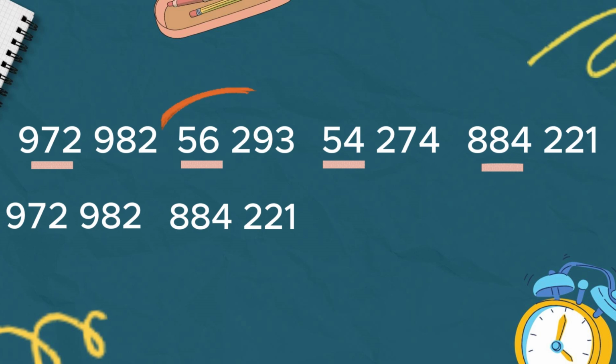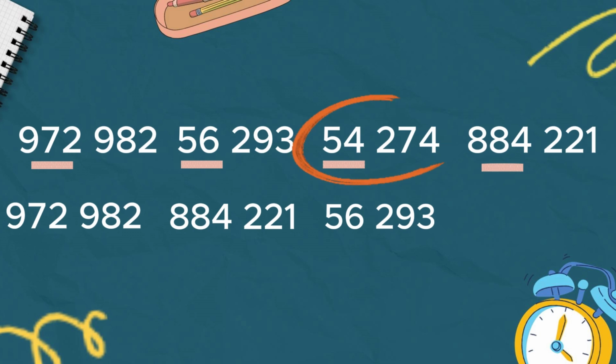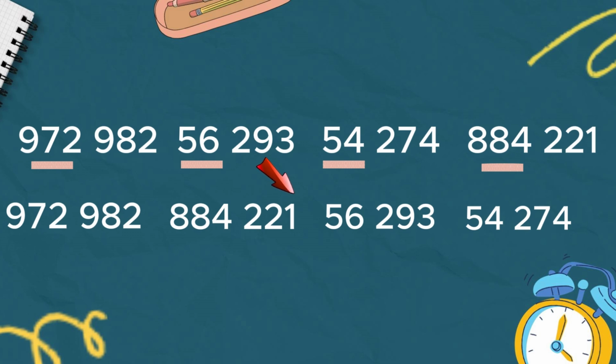So this number, 56,293, is the next number in the order. And the last one in the order is 54, or 54,274. So this number is now arranged from greatest to least, from this to this.